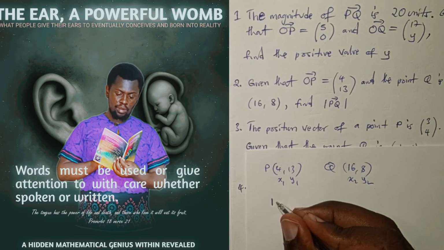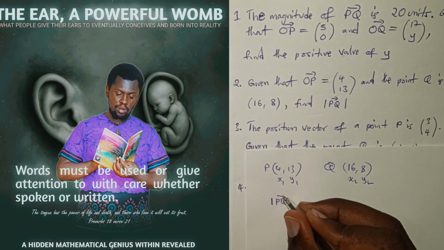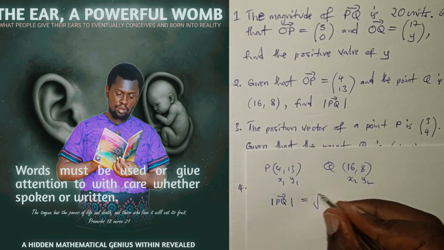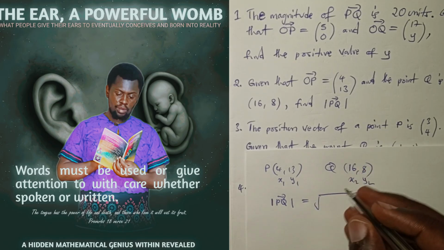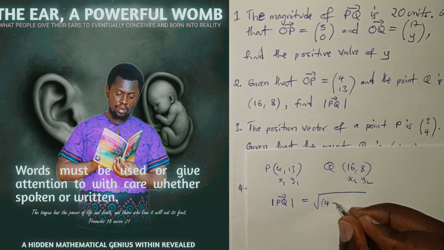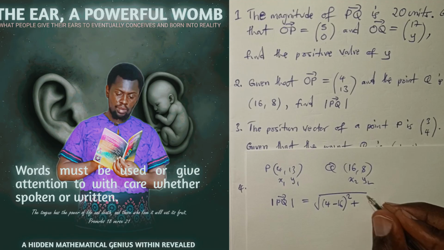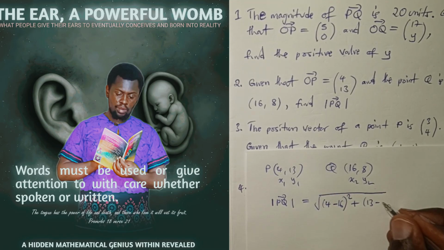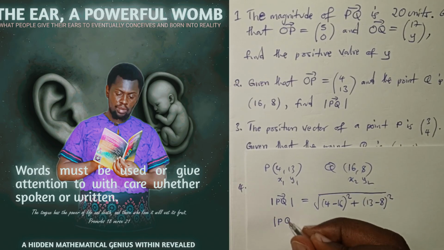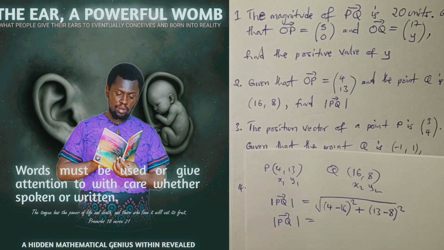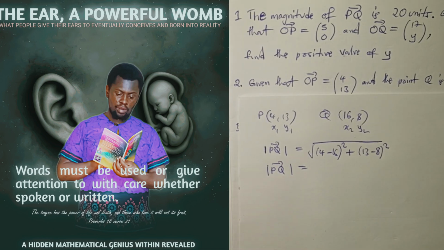Okay, so the magnitude PQ, or the absolutes of PQ, is equal to the square root of x1 is 4, minus x2 is 16, then squared, plus y1 is 13, minus y2 is 8, then squared. So 4 minus 16, you get minus 12, and minus 12 squared, that is 144.